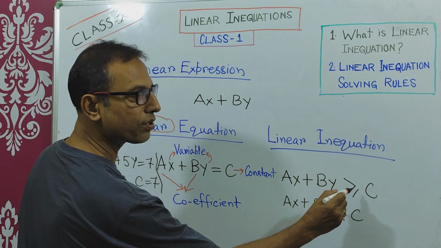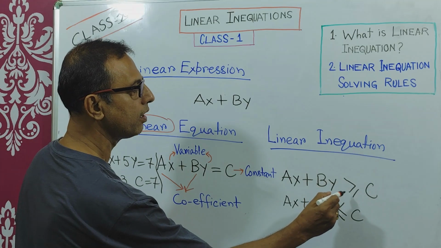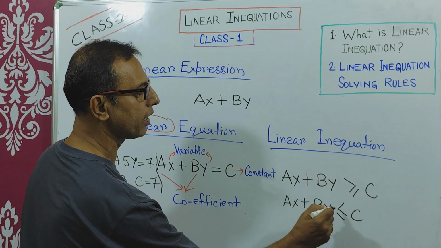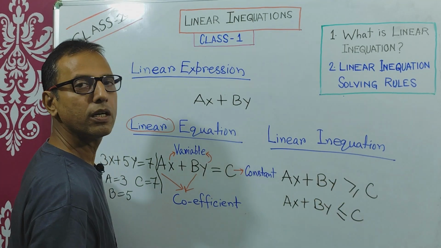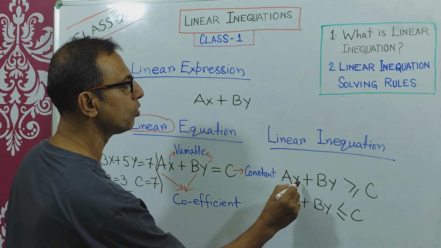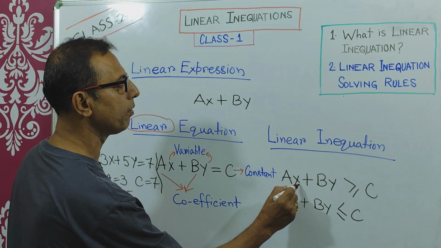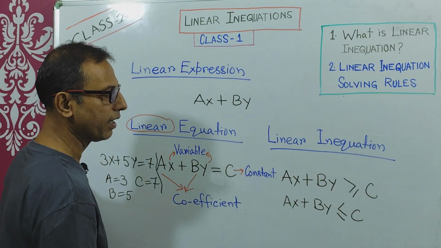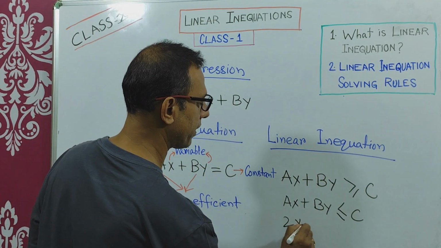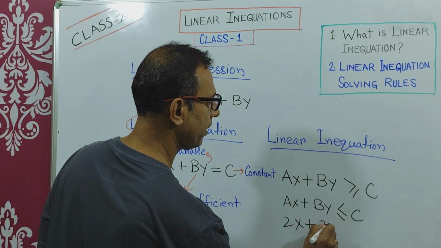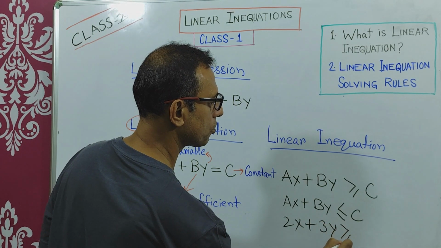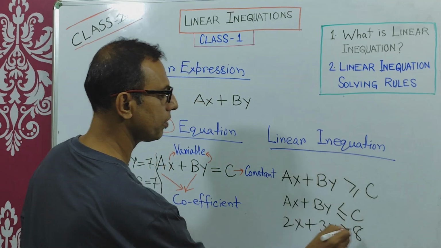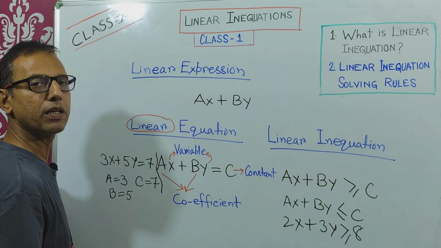If it is only greater than, less than, or a combination of greater than equals to or less than equals to, then it is called a linear inequation, because here also the maximum power of variables x and y is 1. Example, let's say 2x plus 3y greater than equals to 8. It is an example of a linear inequation.